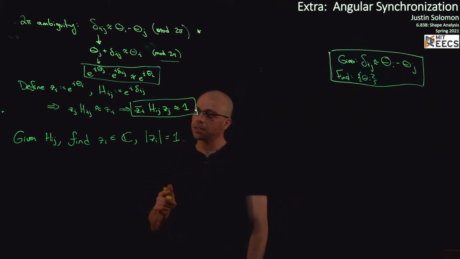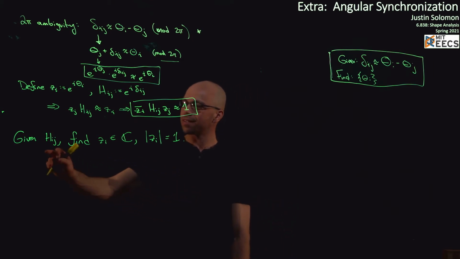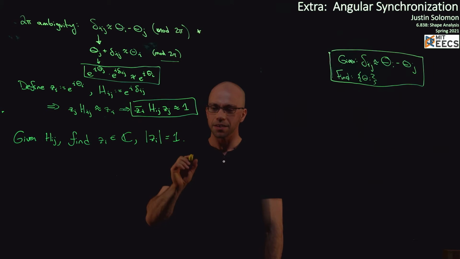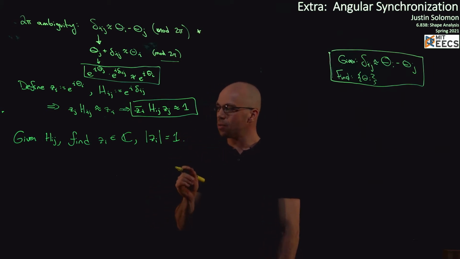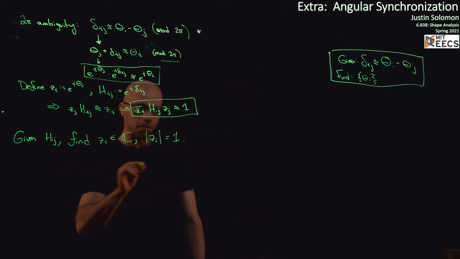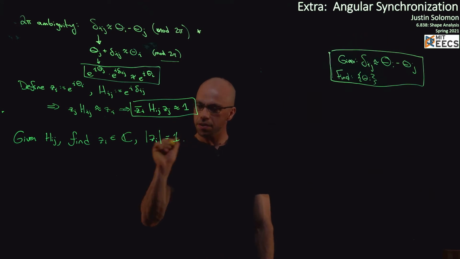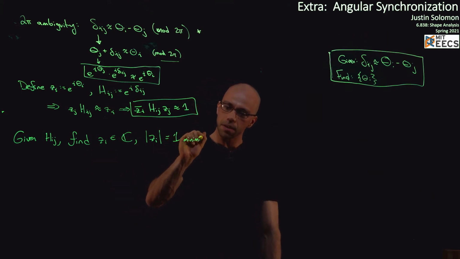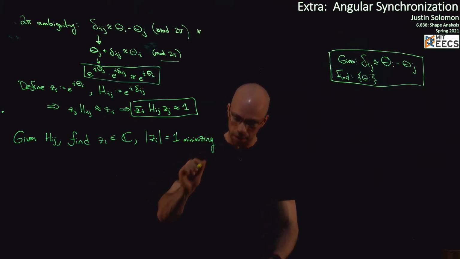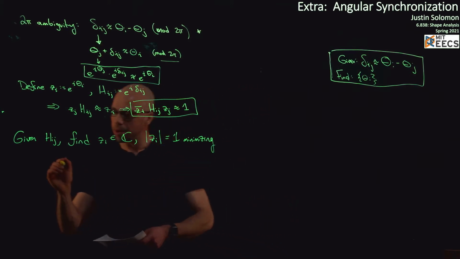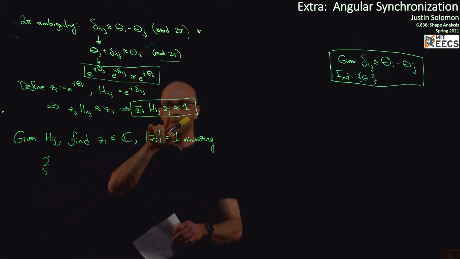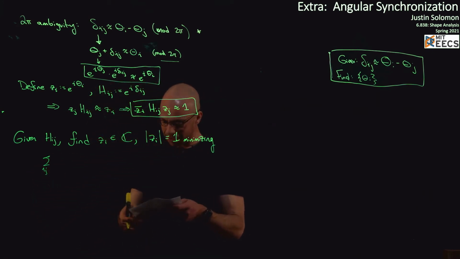So if we want to optimize, well, we'd like this expression to be approximately true, but it can't be exactly true. So maybe we write down a pretty reasonable least squares problem, which is to find the z's minimizing the following, which is the sum over all ij pairs of the left-hand side minus the right-hand side, norm squared.